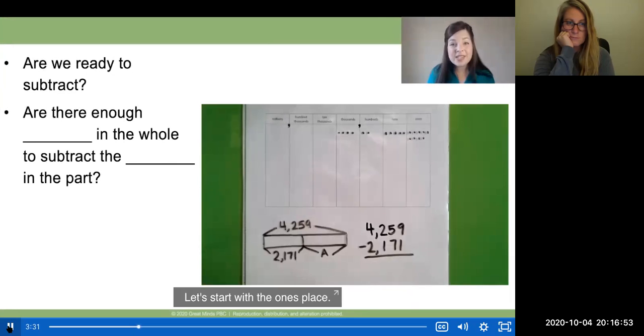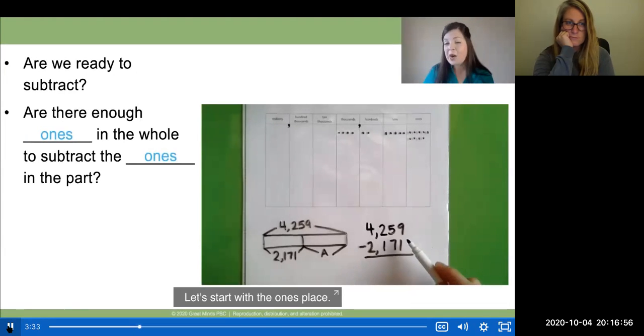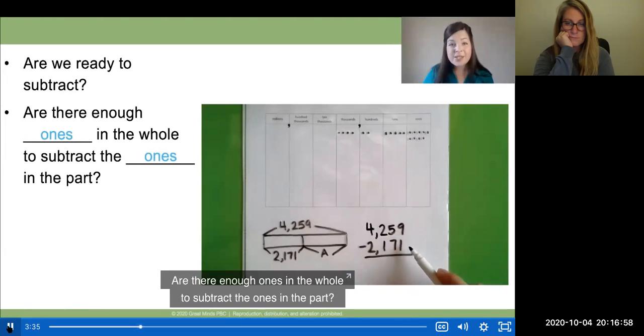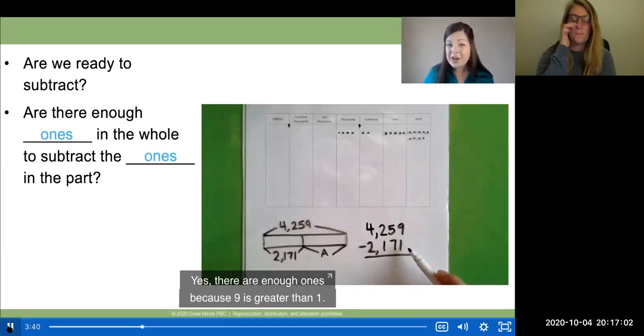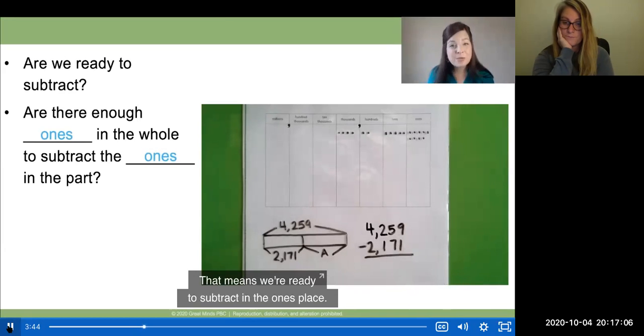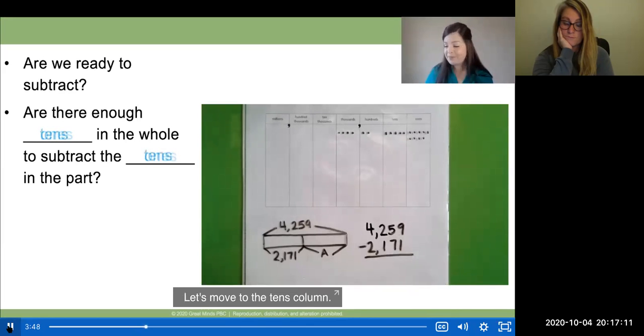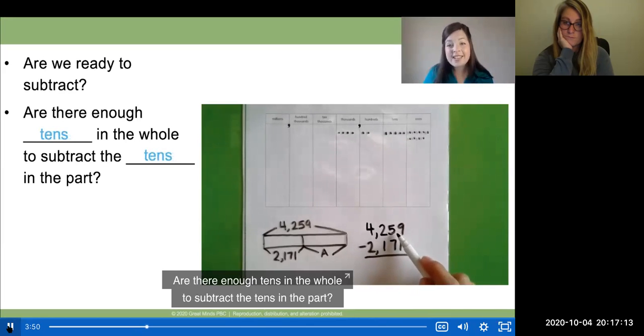Let's start with the ones place. Are there enough ones in the whole to subtract the ones in the part? Yes, there are enough ones because 9 is greater than 1. That means we're ready to subtract in the ones place. Let's move to the tens column. Are there enough tens in the whole to subtract the tens in the part?